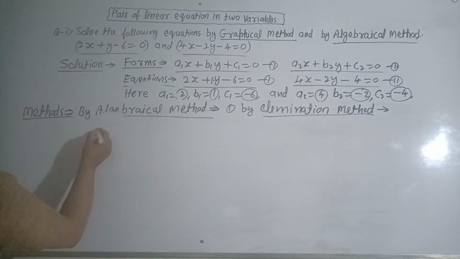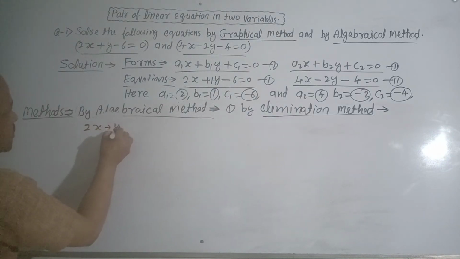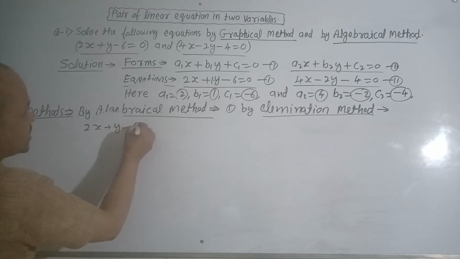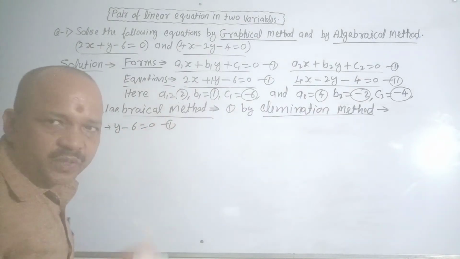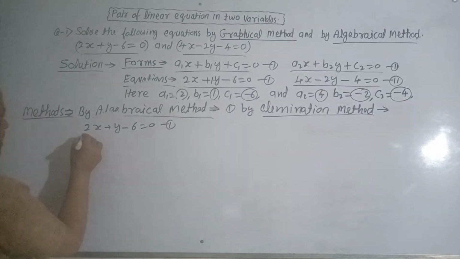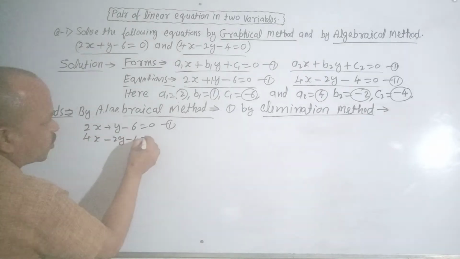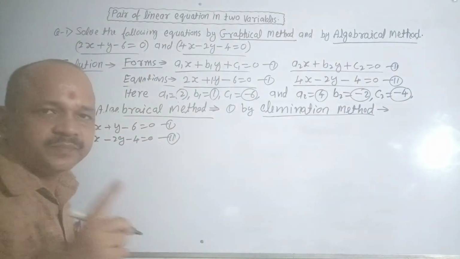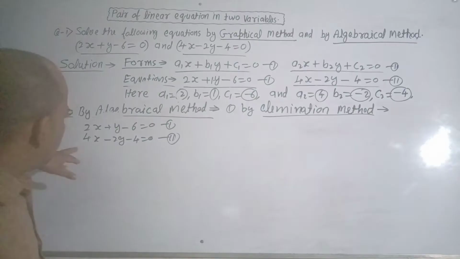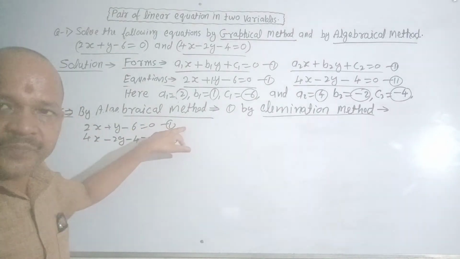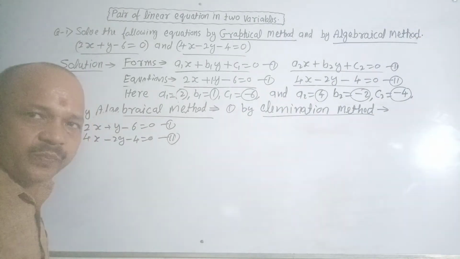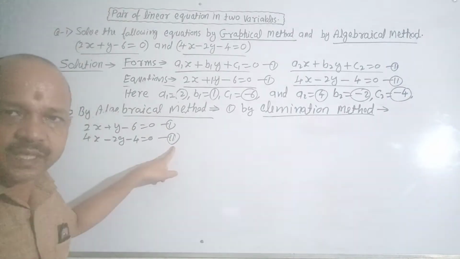Equation first is 2x plus y minus 6 equal to 0, and equation second is 4x minus 2y minus 4 equal to 0. Now multiply by 4 in equation first and multiply by 2 in equation second.